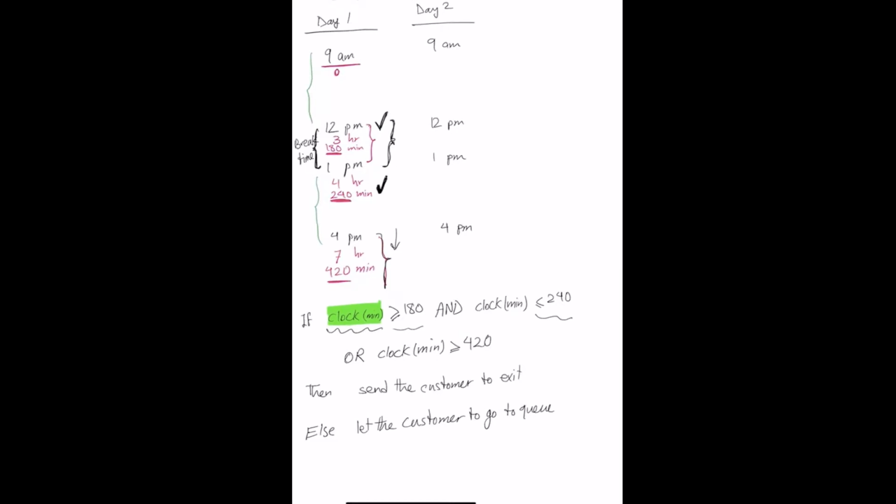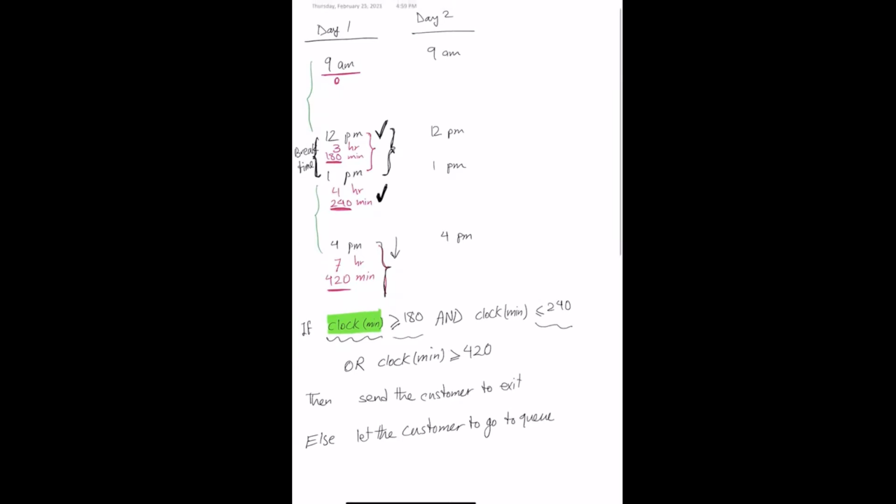Everything is good as long as I want to run the simulation only for 1 day, for 24 hours. However, if I'm planning to run the simulation for more than 24 hours, let's see what happens. I let the simulation continue running. After the 24 hours of simulation are done, we get to 9 a.m. the next day.